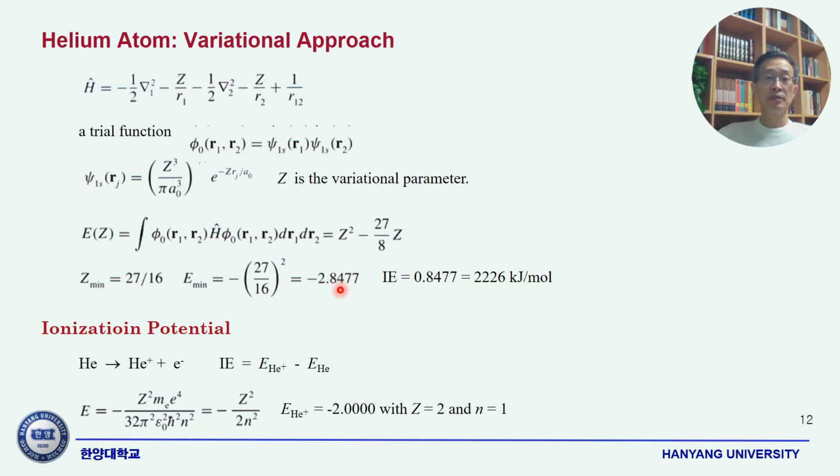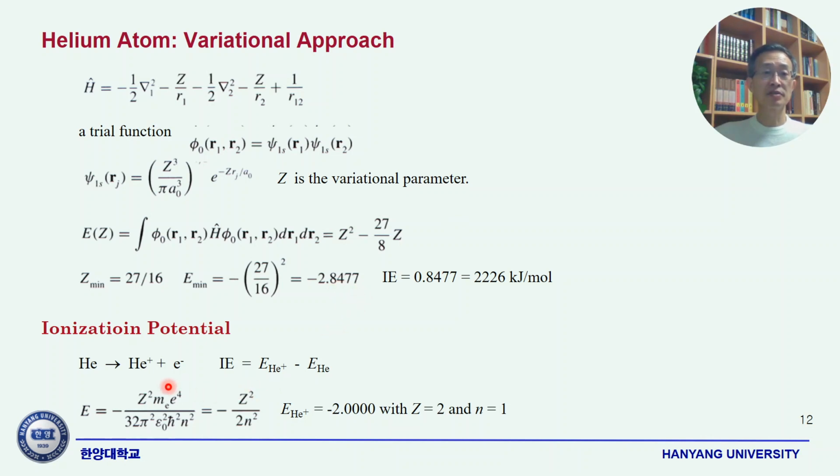So what you have is negative 2.8477. You remember that we are using atomic units, so this energy is in Hartree. Also, energy is always a relative quantity. You remember from thermodynamics that energy is a state function, but you don't know the absolute zero because you can only obtain the difference from one state to another state.